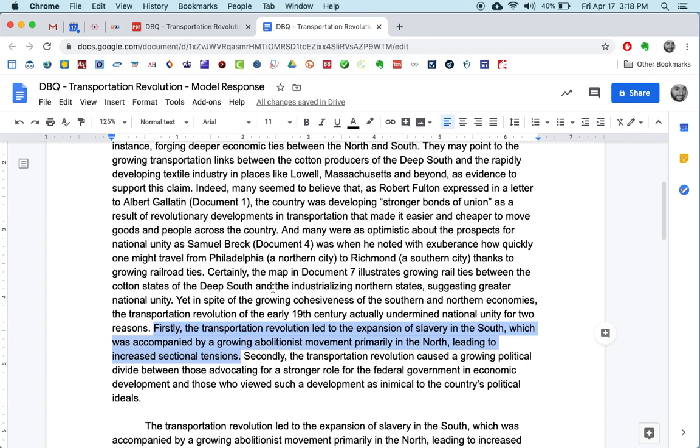Or even if you say something like political divisions. Well, what kind of political divisions? They want a more substantive answer than just a really vague generality. And I have to say that because students are often tempted to just leave it at that.